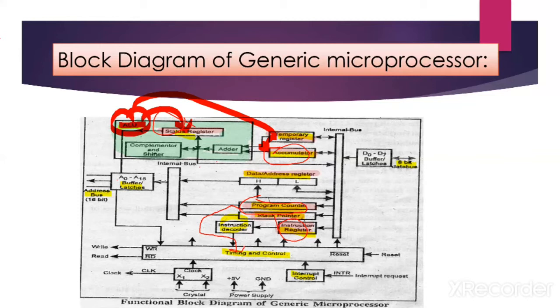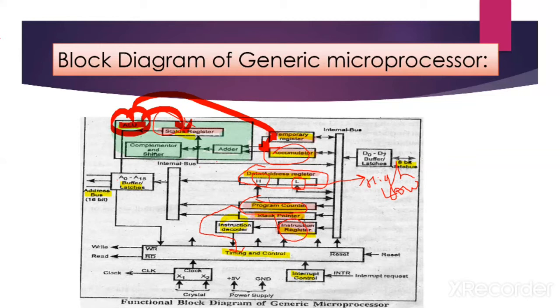Data and address registers are labeled H and L, which means high and low. Data is stored in these registers when used in pair.